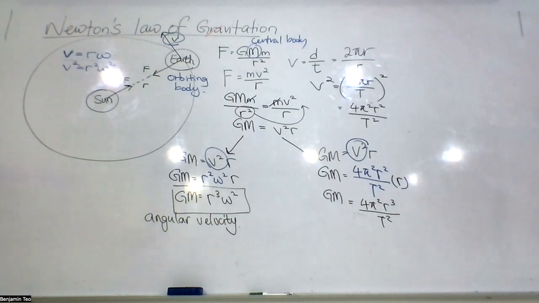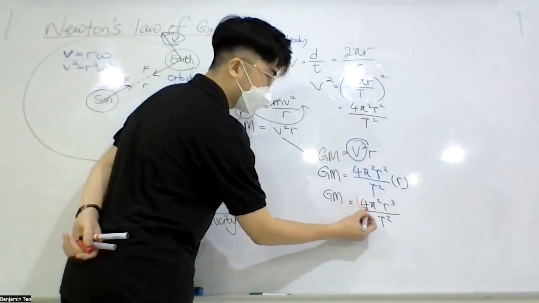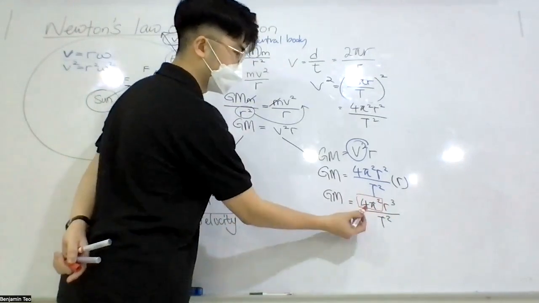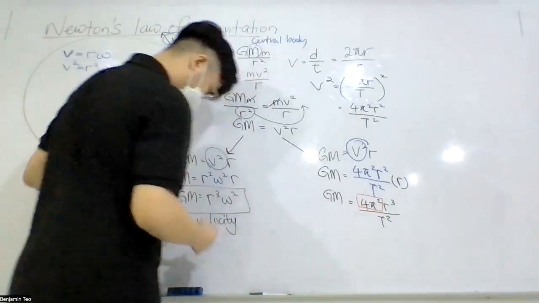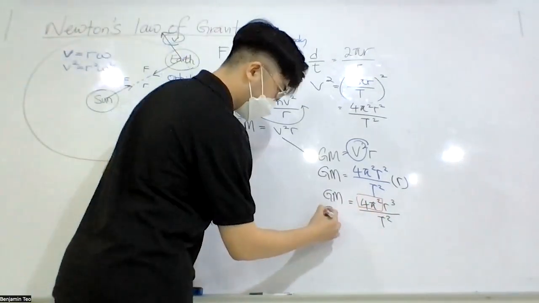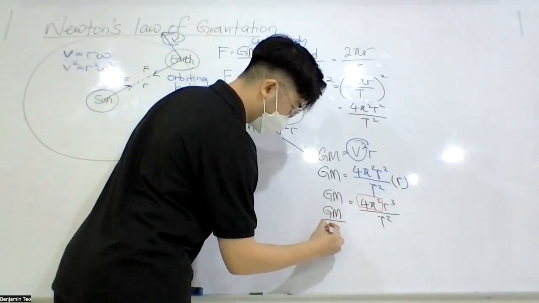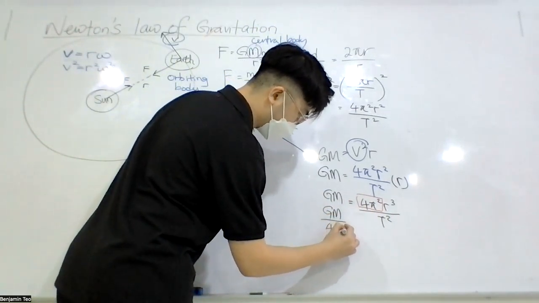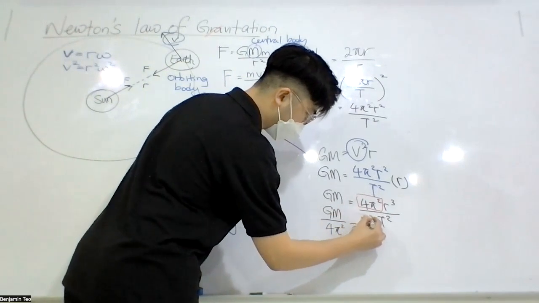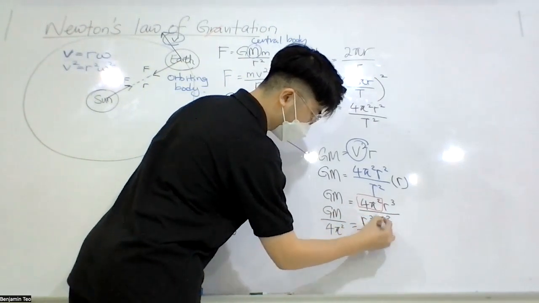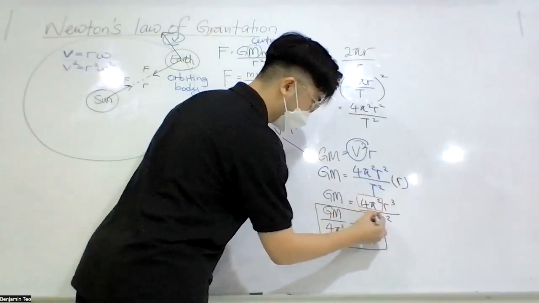We group all the constant values to the left hand side. 4 pi squared is a constant. Put it on the left hand side. I will have GM over 4 pi squared equals R cubed over T squared. There you have your second one.